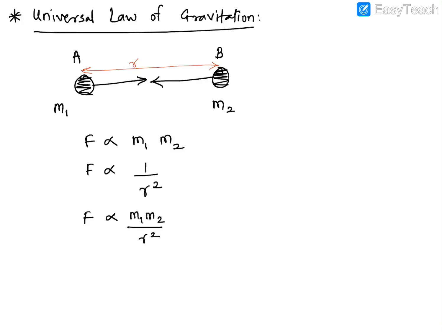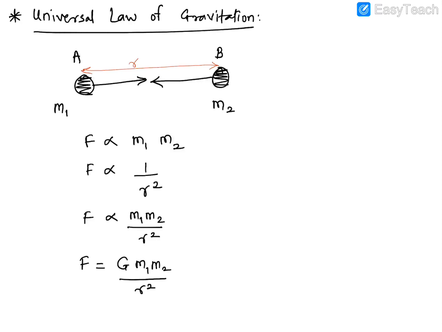Now if I want to remove the proportionality sign, I need to insert a constant, which we write as capital G: F equals G m1 m2 upon R squared. Here this capital G is the constant of proportionality, called the gravitational constant.